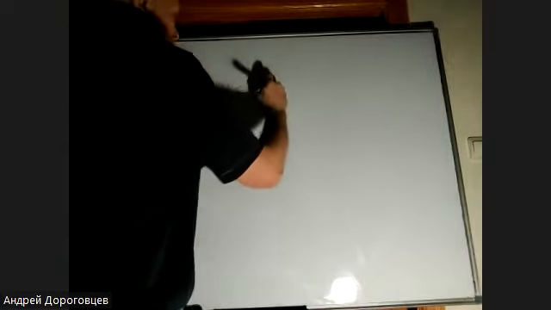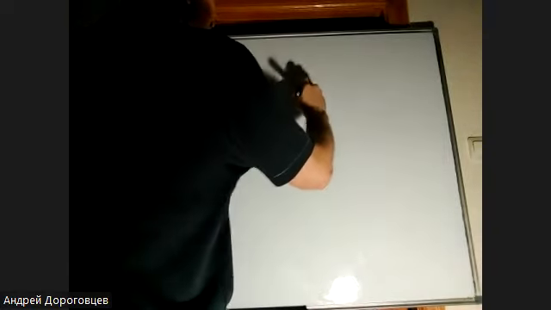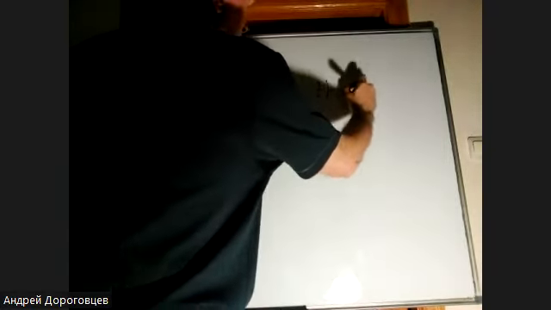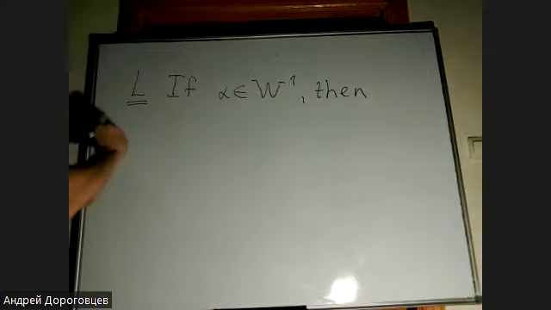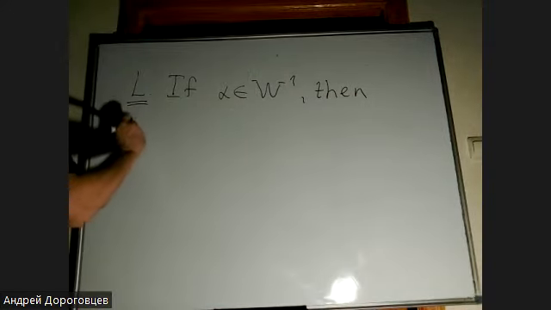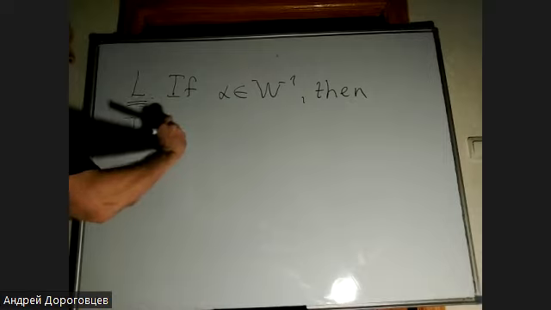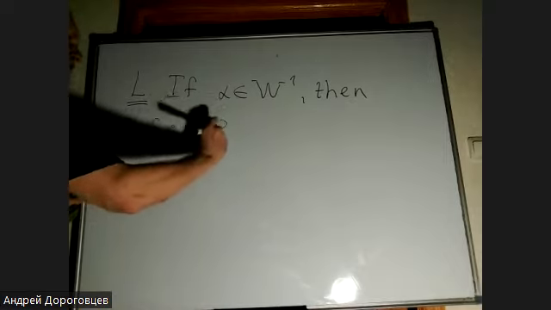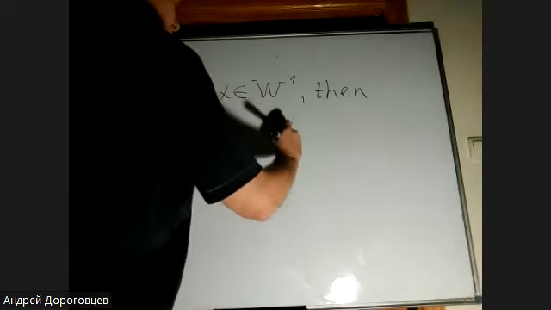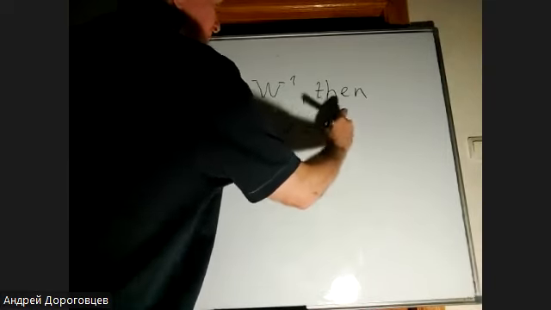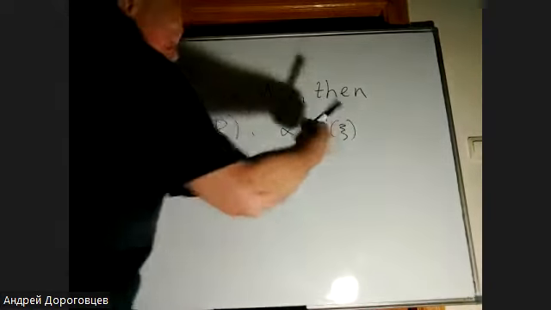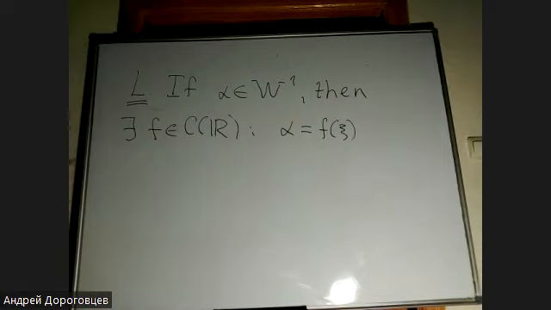This is a lemma: if alpha belongs to W1, then there exists f which is continuous on R such that alpha is f of x. Of course, f must be from the Sobolev space, but at least it is continuous.